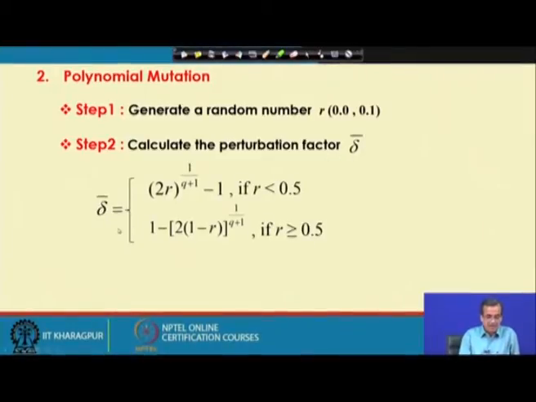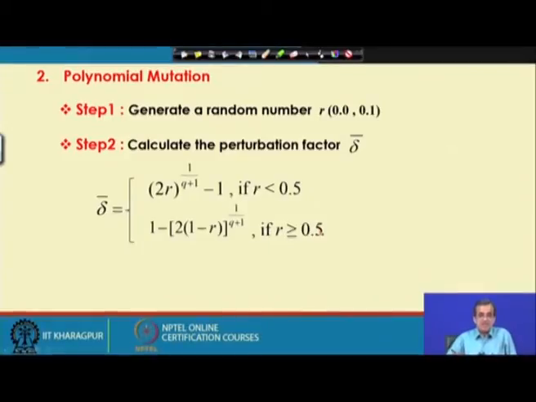Delta bar is nothing but 2r raised to the power 1 divided by (q plus 1), minus 1, if r is found to be less than 0.5. On the other hand, if r is greater than or equal to 0.5, delta bar is 1 minus 2 into (1 minus r) raised to the power 1 divided by (q plus 1).